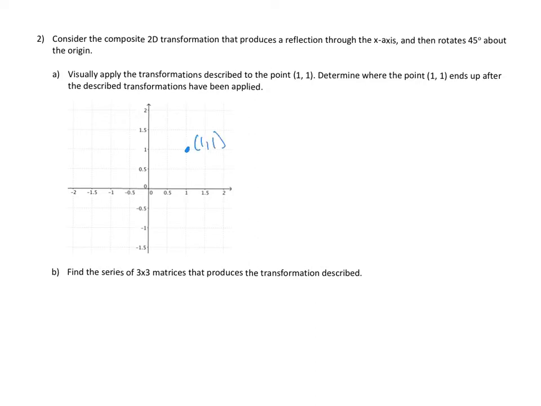So plot 1, 1. First thing I do is reflect through the x-axis. So I land down at 1, negative 1. Then I'm supposed to rotate 45 degrees about the origin. So picture this as a rigid rod of some kind, and you're going to rotate it up to land on the 45 degrees.